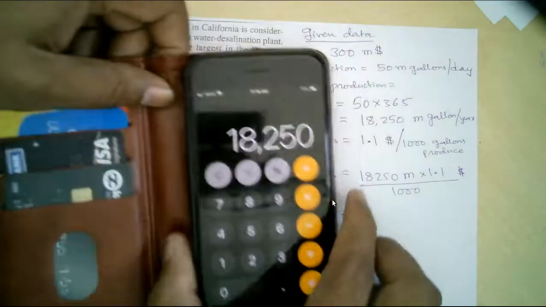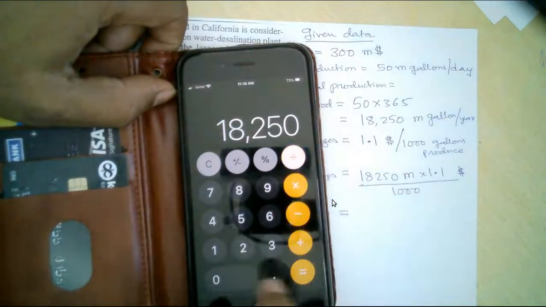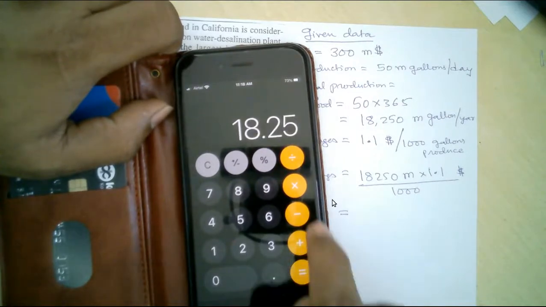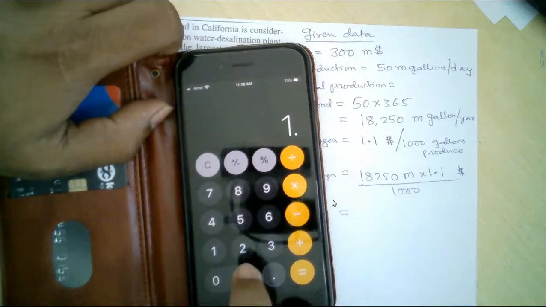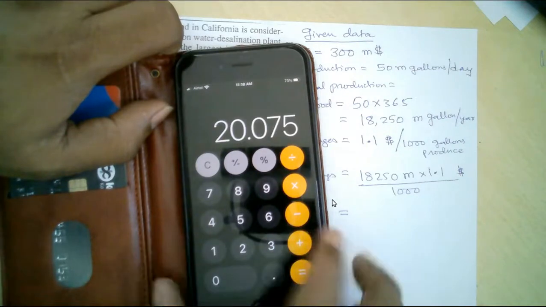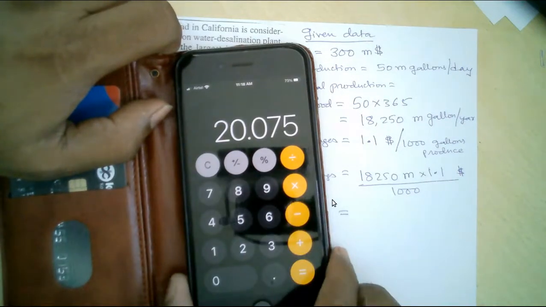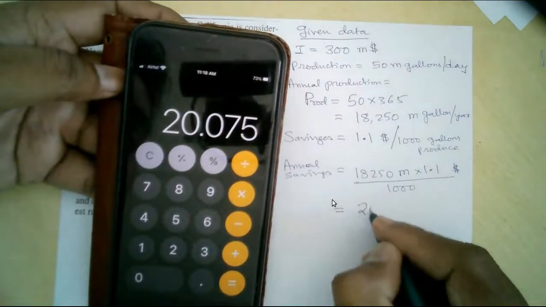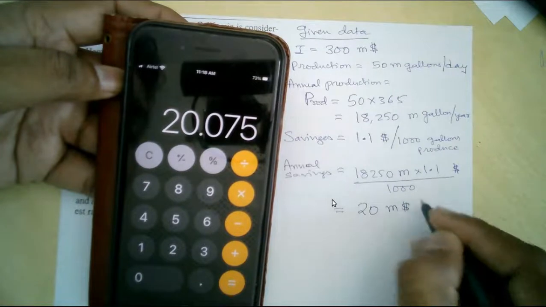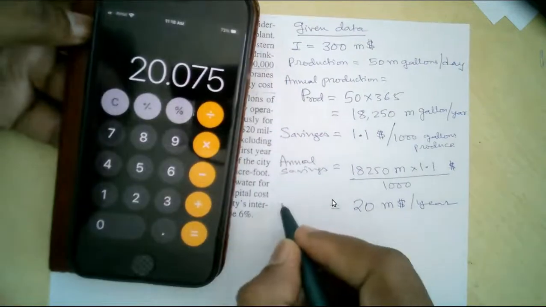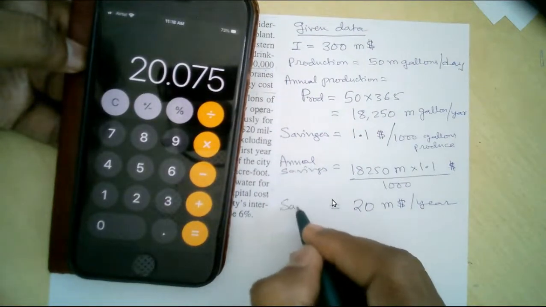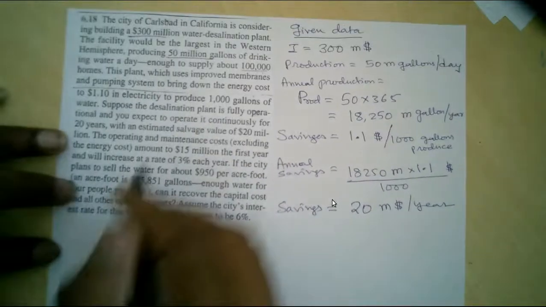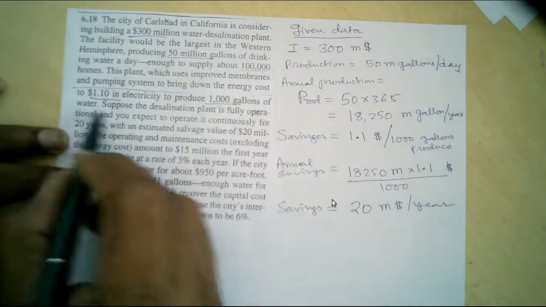So I have this 18,250, divided by 1,000 and multiplied by 1.1. So I'm getting $20.075 million. Okay, let me just round it off to $20 million per year. So this is my savings in terms of dollars.